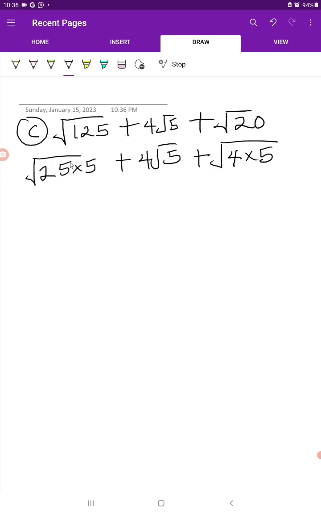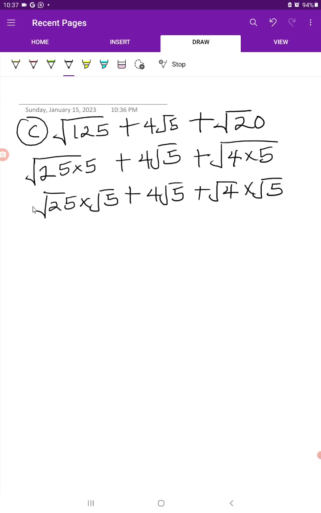And root 25 here, as I've said from the law, gives root 25 times root 5, plus 4 root 5, plus root 4 times root 5. Therefore, this will give you 5 root 5 plus 4 root 5 plus this one will give you 2 root 5.